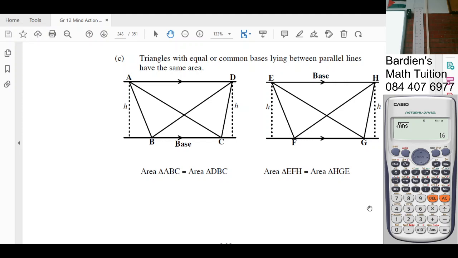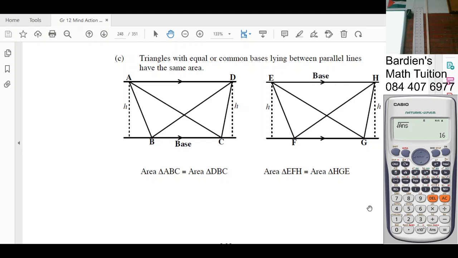They basically say that triangles with equal or common bases, here you will see the same base, existing in triangle DBC. What you notice is it has the same height. So if it has the same base and the same height, what will then be the same? The areas will be the same.